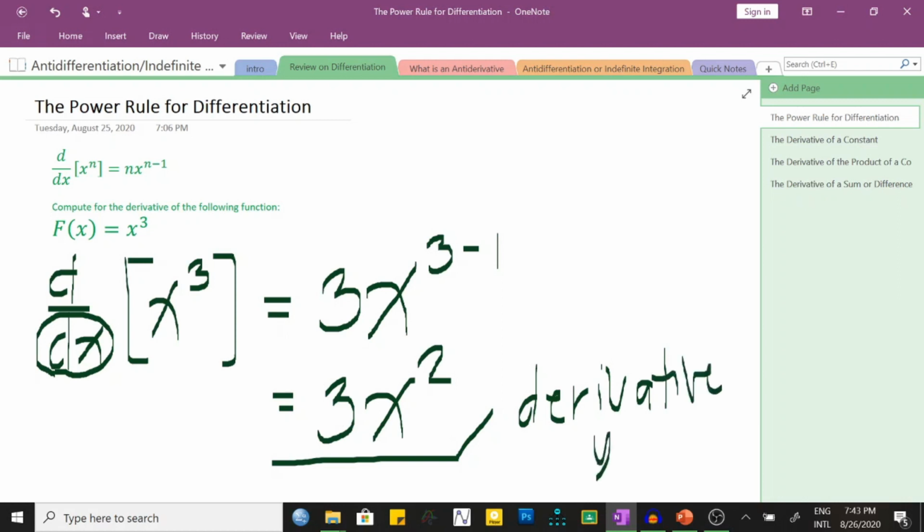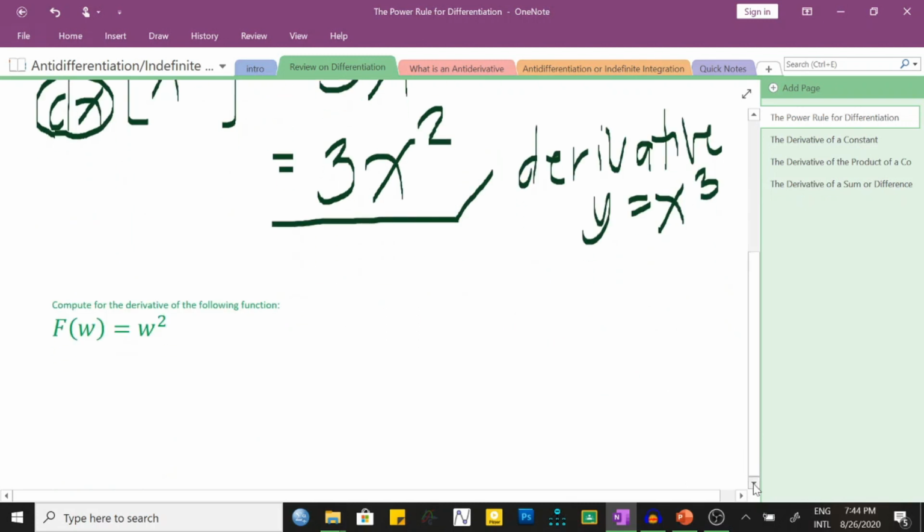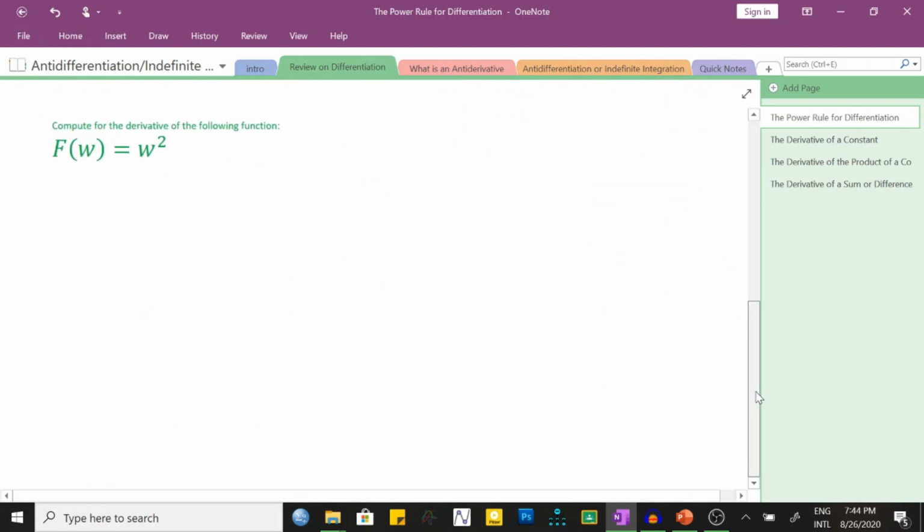Derivative of y equal to x cubed. Let us have another example. We have another function, f of w equal to w squared. Our function has a different independent variable, but that's okay. The power rule is still applicable. Our independent variable here is w.